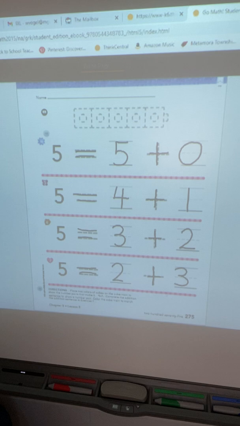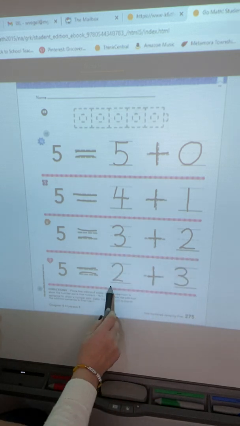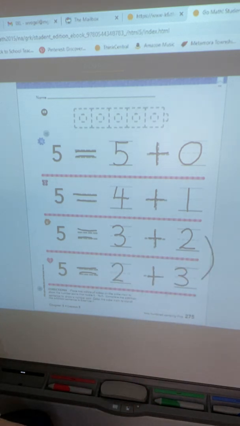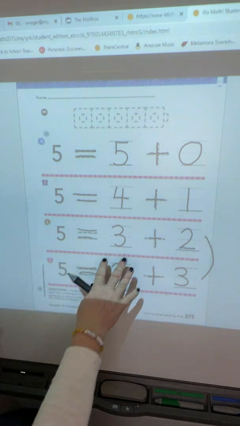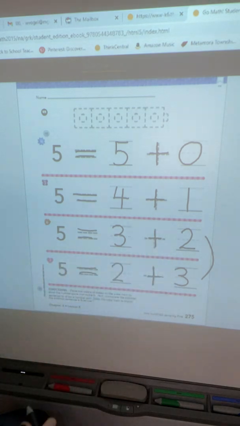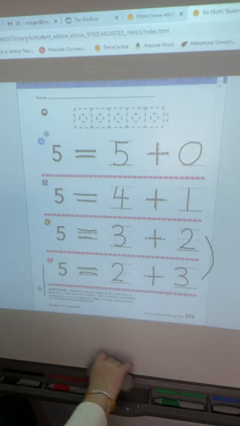You are correct. And do you know what you see right away? What do you notice right away about these two? I bet my friend Tucker knew, and I bet he said it. 3 plus 2 and 2 plus 3. Those are flips. We can flip them and know that they're going to make the same answer.